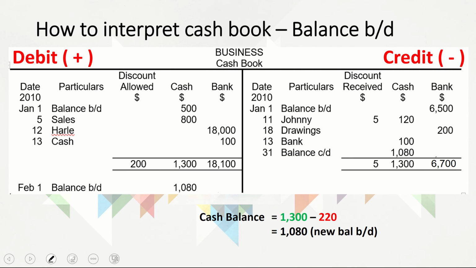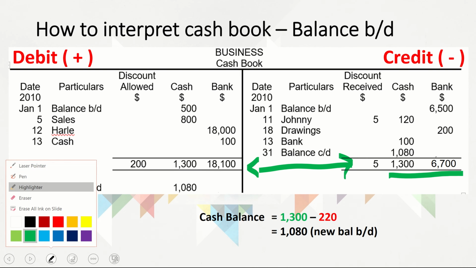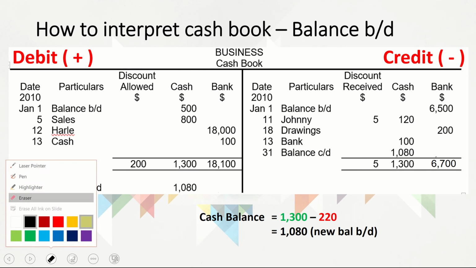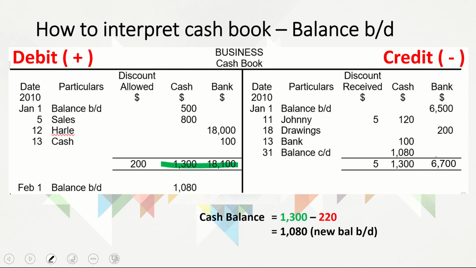How do I record this $1,080 inside my cash book? And this is how I would do it. At the end of the day, the numbers inside the triple line here, these numbers which I'm highlighting, they actually need to be the same. So which numbers need to be the same? These numbers and these numbers need to be the same.